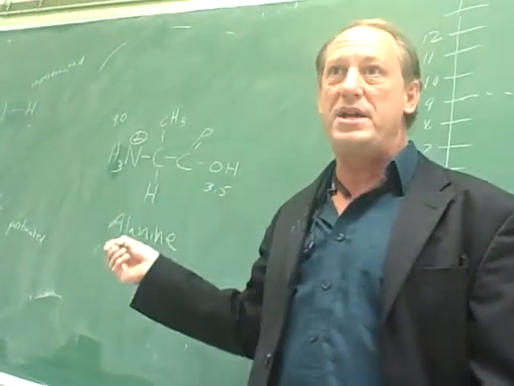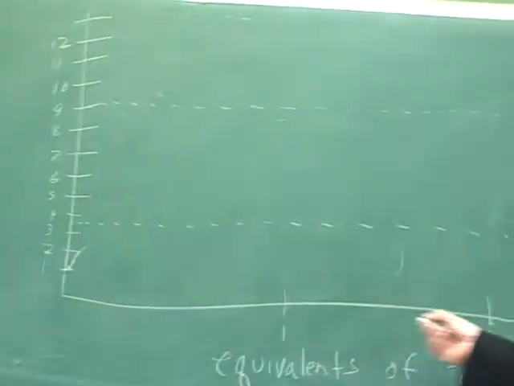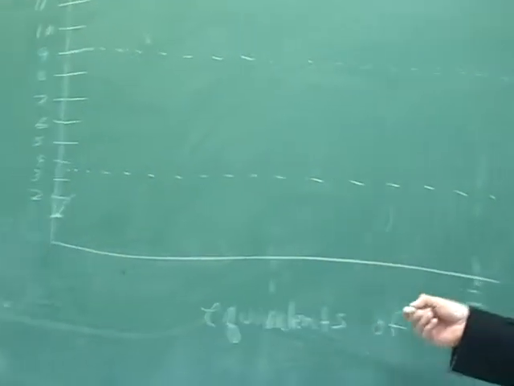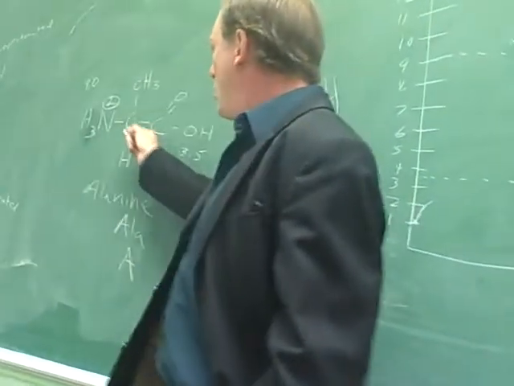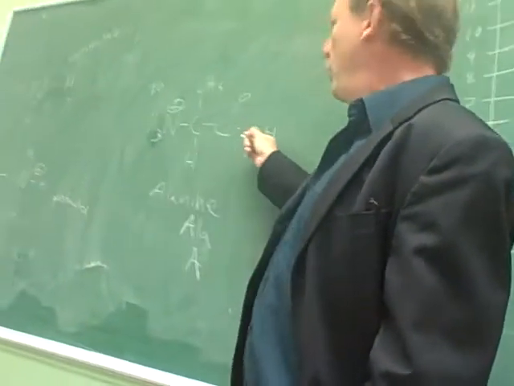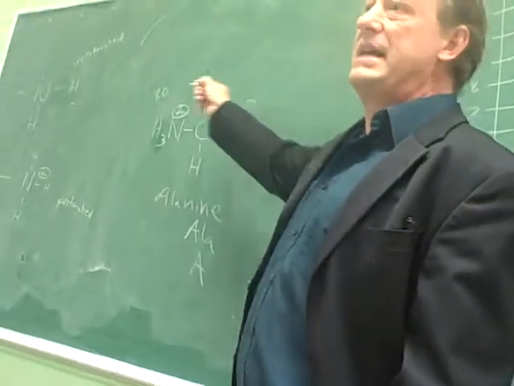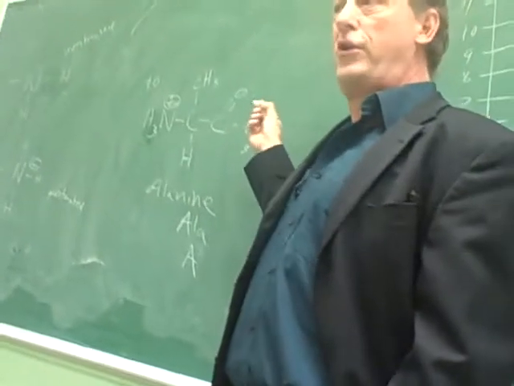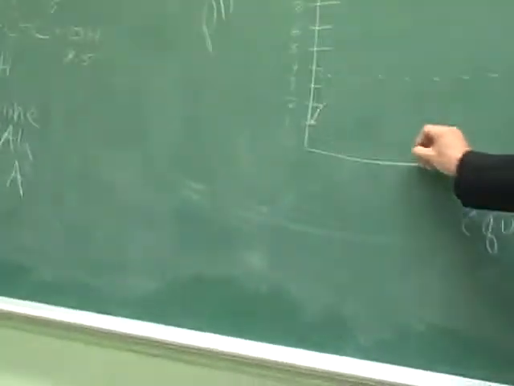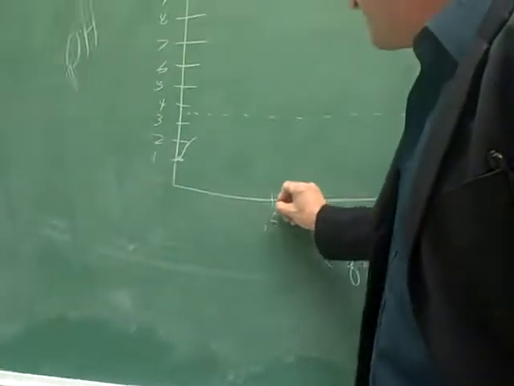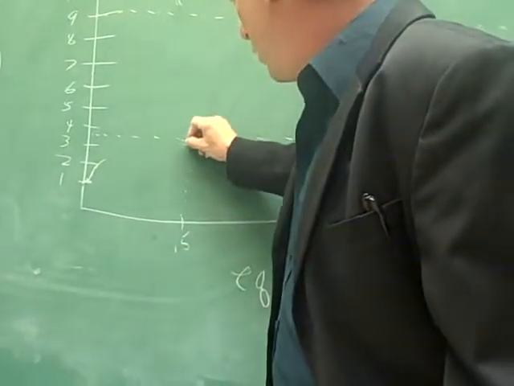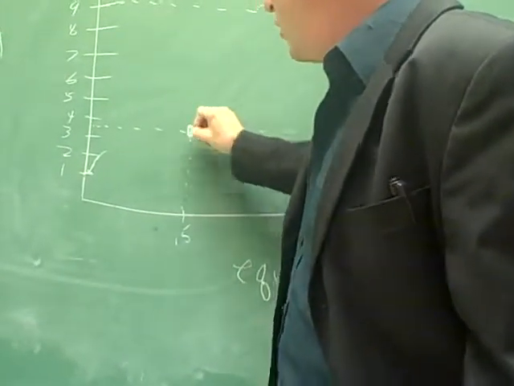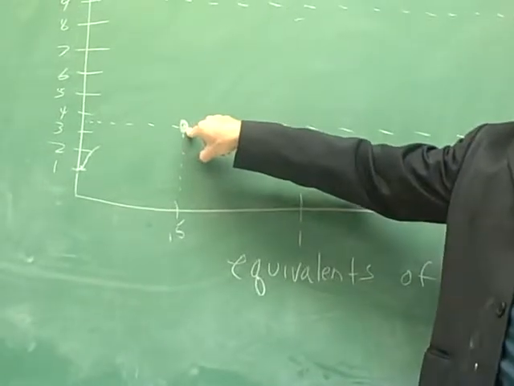Well, how many OHs or how many hydroxide groups did it take to do that? Well, if it's going to take a whole equivalent to pull off all of them, then it only takes half an equivalent to pull off half of them. So I go over here and find where my 0.5 is. And so right here, I know that's a point that I know about on my graph.